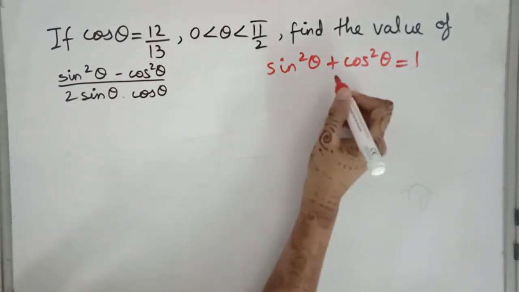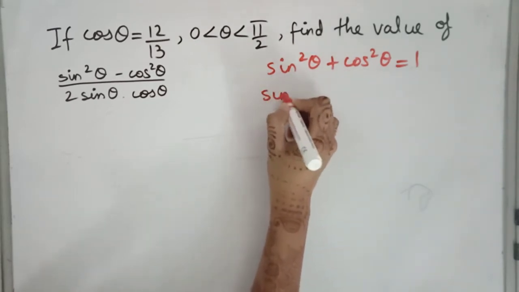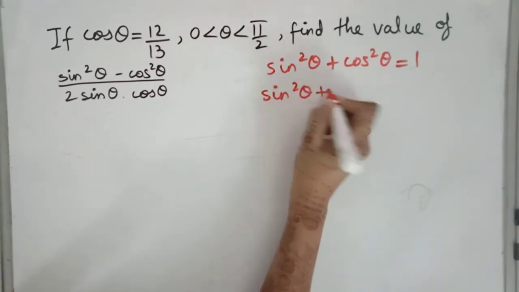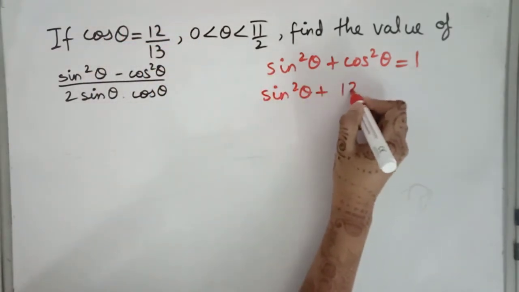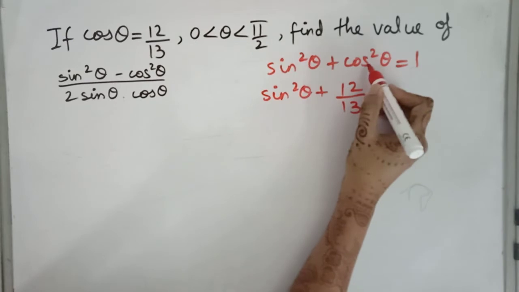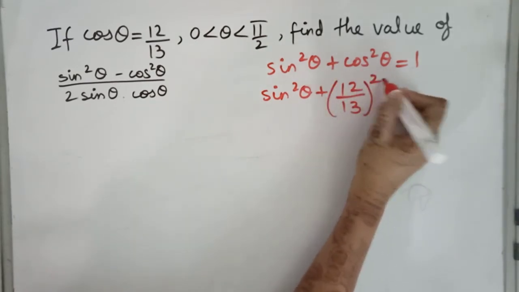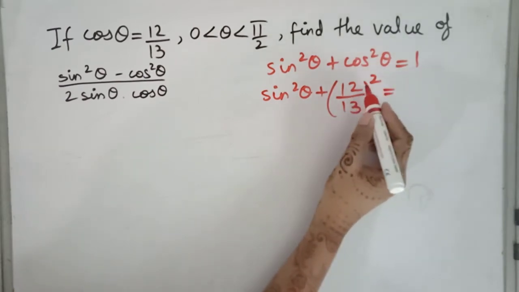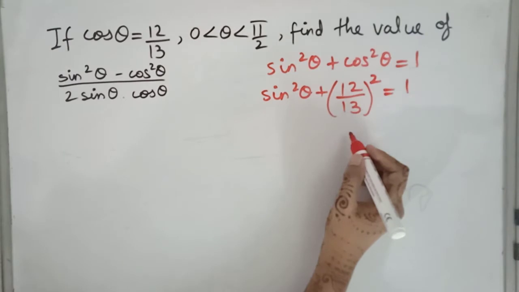Now we will put the value of cos theta. Sin square theta plus the value of cos theta, 12 upon 13, but we are given cos square theta, so we have to take 12 upon 13 square, which is equal to 1.